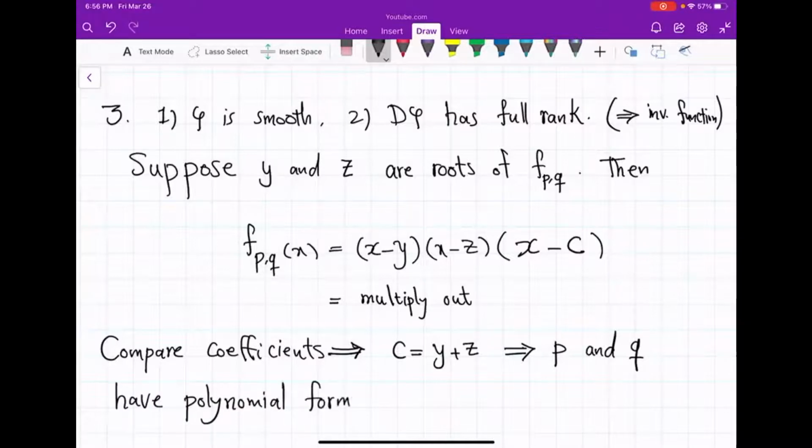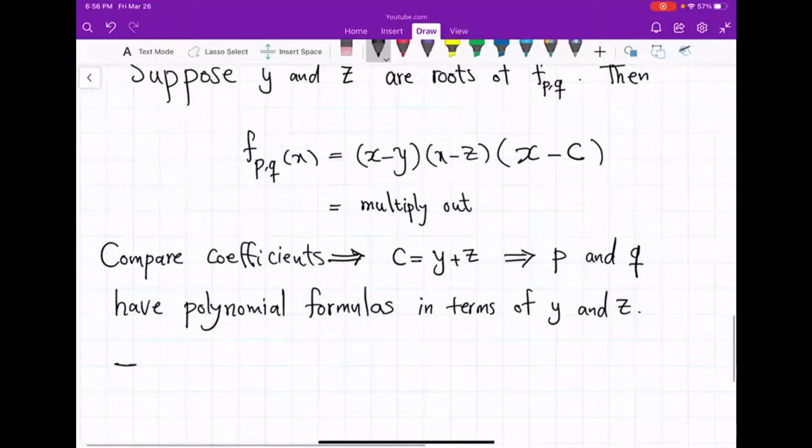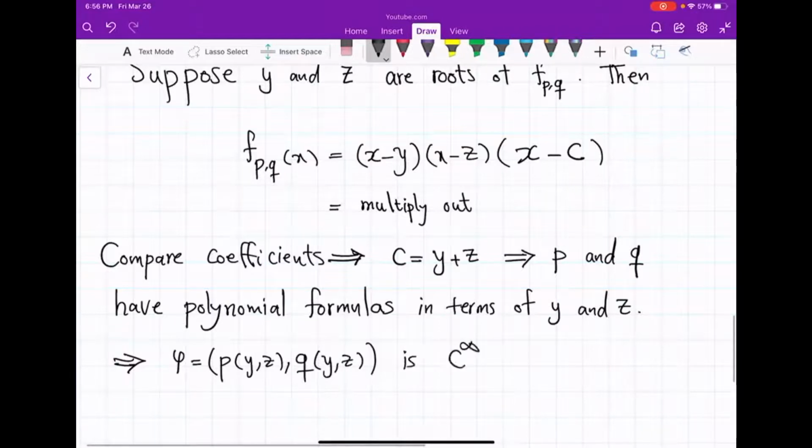You can precisely compute these formulas by just doing the computation above in terms of y and z. So in particular, this phi, which is given by y, z and q of y, z, that's how it's defined, is C infinity. Okay, it's polynomial, so it's C infinity.